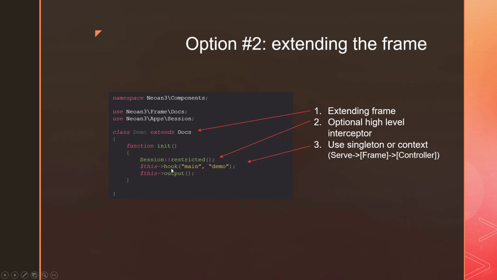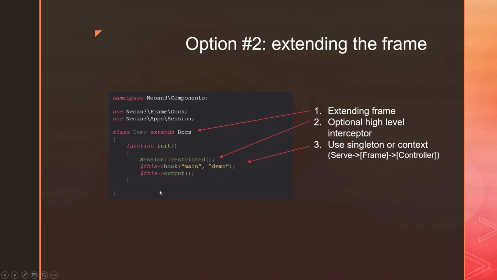So I have now available this of the class itself, or the parent, so docs, or as you can see from the serve, so from the core, and can execute everything like that, which also means that as long as I return the context, so as long as I return this, I can still write this in the stream of consciousness. So for example, this is a hook function, which means instead of getting a new line, this output, I could simply have my little arrow here and say output. So that would still work.